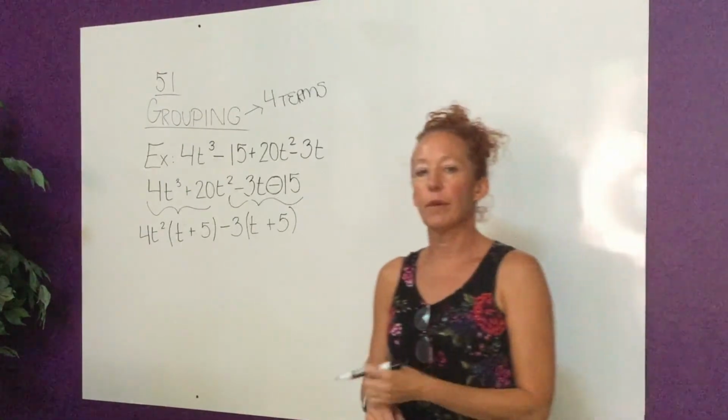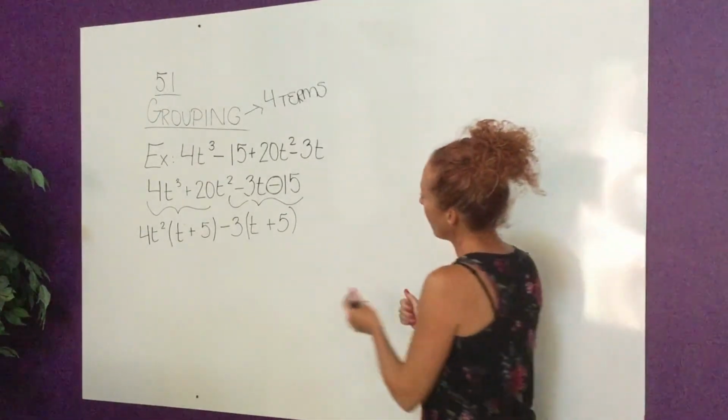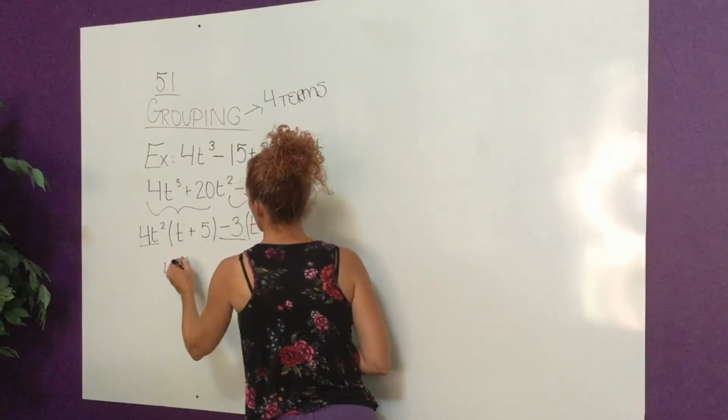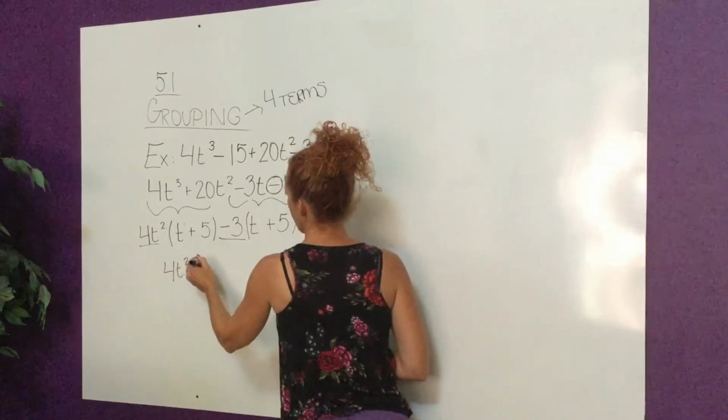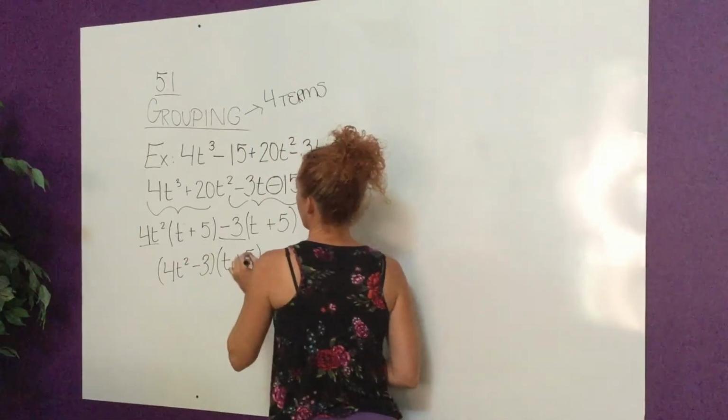And now I have what I desire, which is those 2 parentheses matching. And so then I can write this in the front and that, and then the t plus 5 in the back.